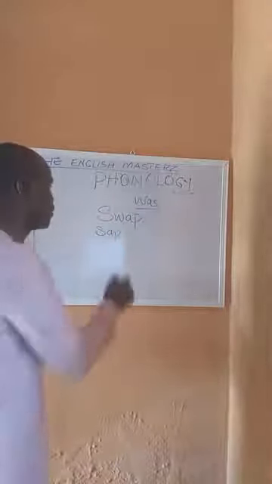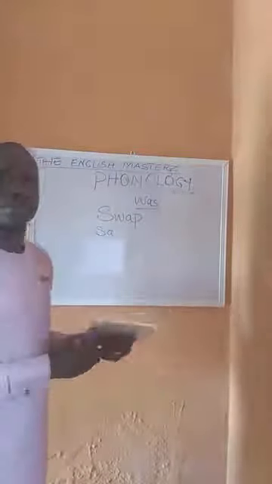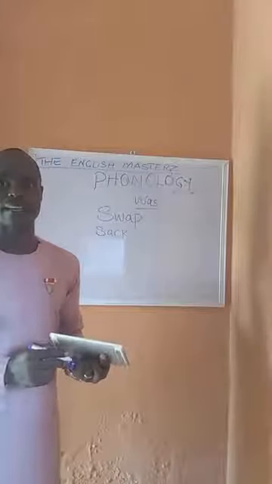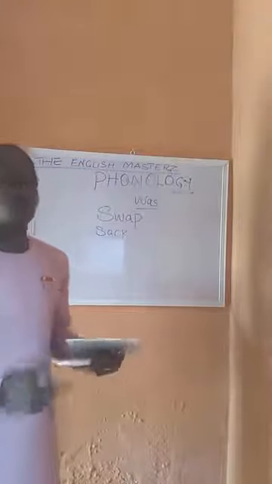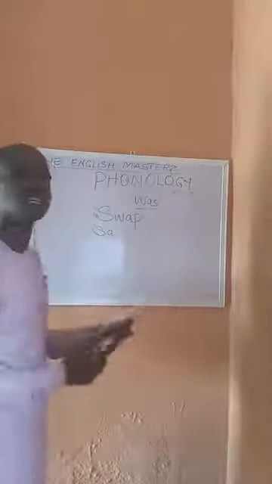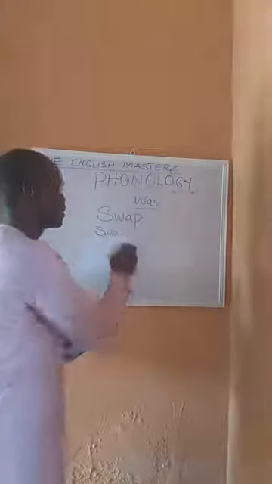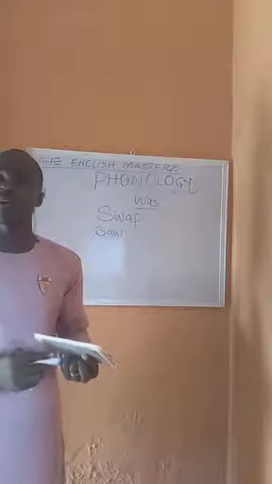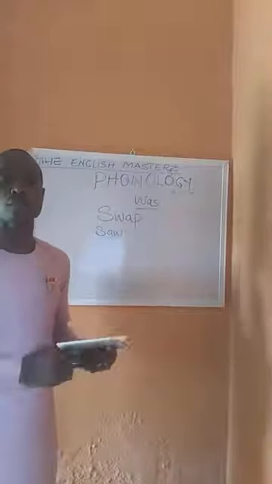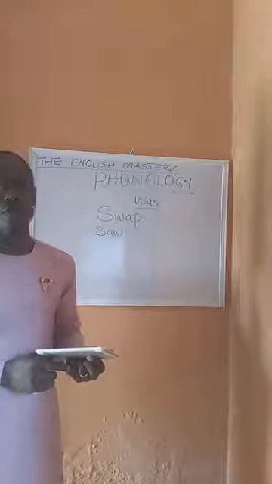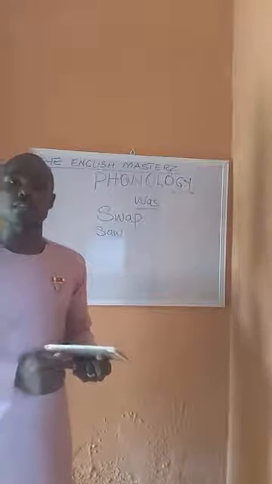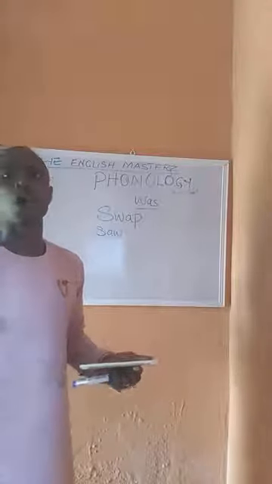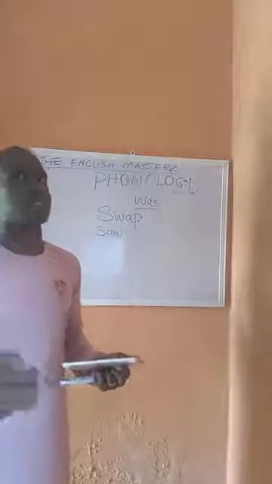Well, how about if we change this P to CK? Sack. Short A sound. But because what we have there is W, the sound changes entirely to a different sound. And this time around, it is pronounced saw.